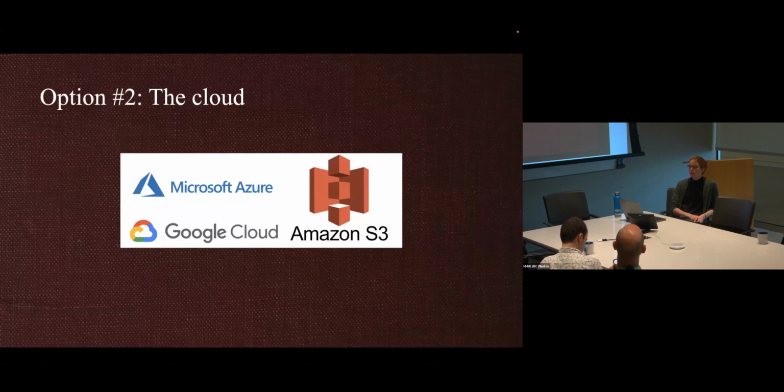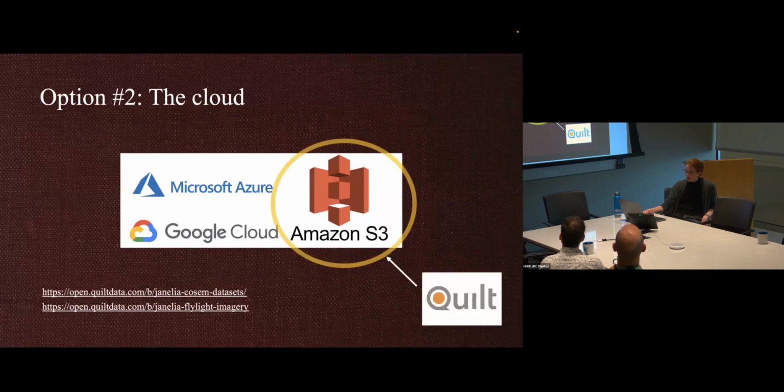I'm not going to say much about hosting data on the cloud because I don't know much about it, and there are other people in the room who can say much more. Suffice to say that that's an option if you like using these tools. A couple of project teams here use the combination of Amazon S3 and Quilt.